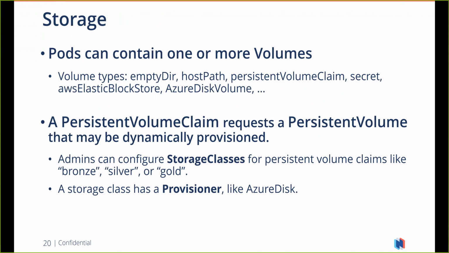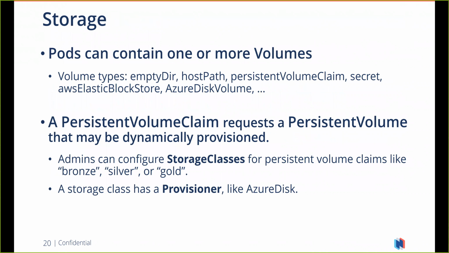Okay, so a quick discussion on storage, and then we'll move to other topics in terms of building and deploying applications. So in Kubernetes, each pod, remember a pod is a group of containers with the same life cycle. So your application will have several pods, and each pod can contain one or more volumes.